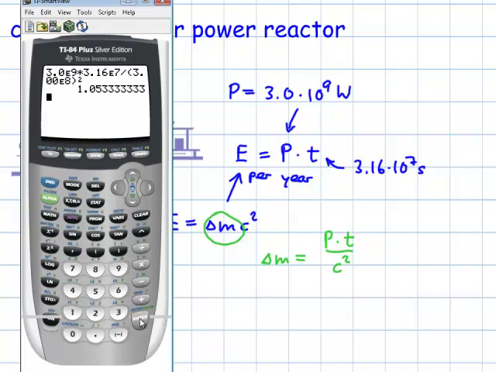And I come up with 1.05, or rounded 1.1, in standard units for mass, which means kilograms. 1.1 kilograms is the mass deficit when uranium is used, for example. Now that doesn't mean I need just 1.1 kilogram of uranium, but it means that when they're done with the uranium they're using throughout the year, the fission products have a combined mass that is 1.1 kilogram less than the original uranium they had.